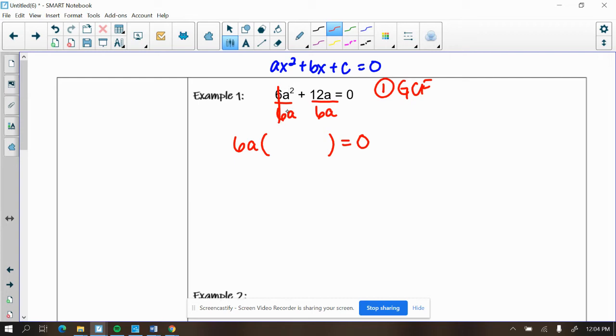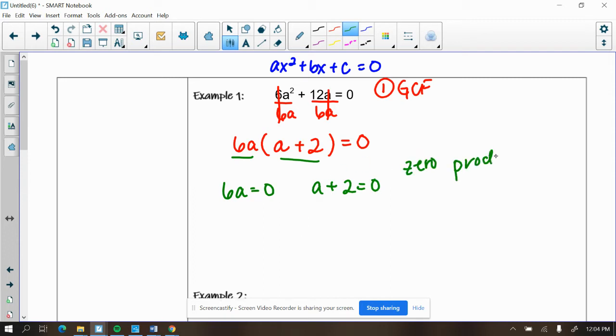If I have 2 a's, but I took 1 out, I'm left over with 1, plus 12 divided by 6 is 2, and then my a's went away. Now my next part is to set these both equal to 0. So 6a equals 0, a plus 2 equals 0. Going back to our zero product property.